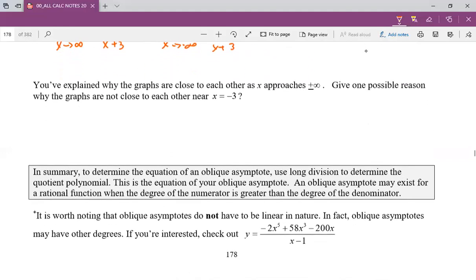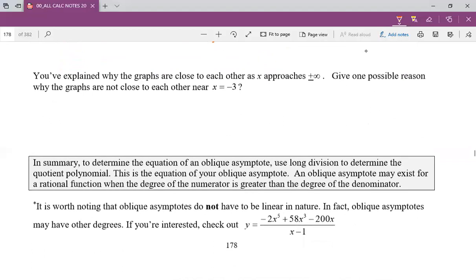Why are they not close when x is negative 3? Well, we do have a vertical asymptote on y1. What is our vertical asymptote equal to? Well, it's negative 3.